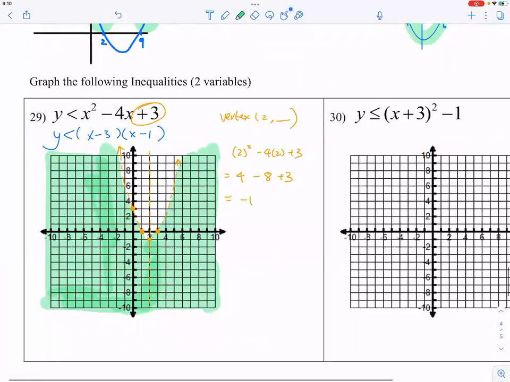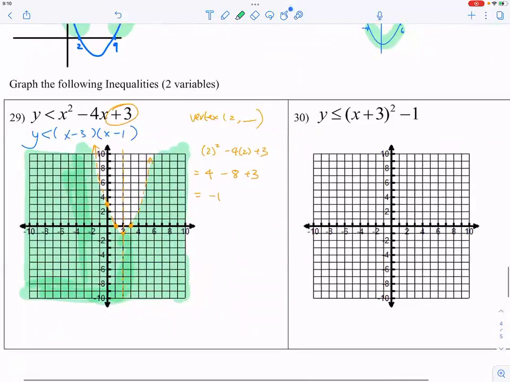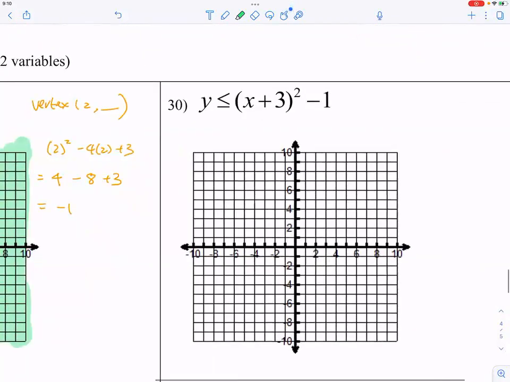All right. So number 30, the one next to it. You will be given a vertex form, but we ask the same question. So the first thing would be, can you tell the vertex?